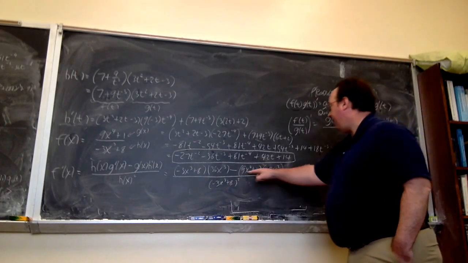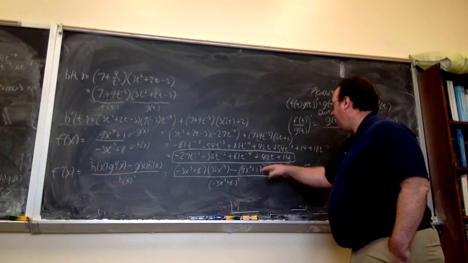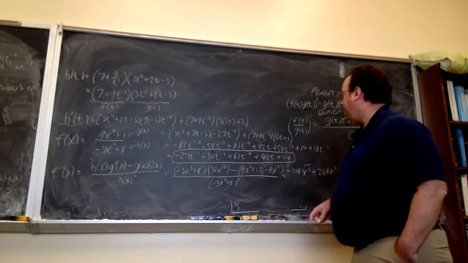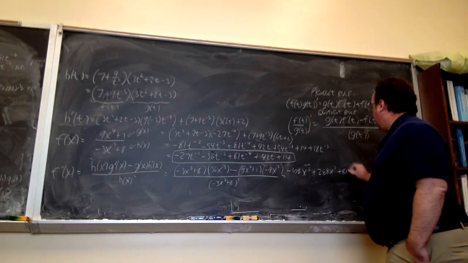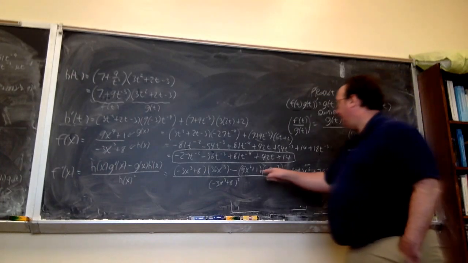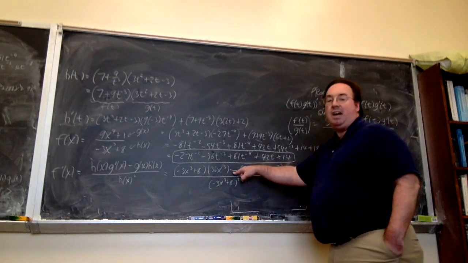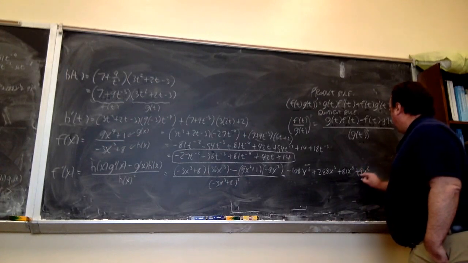And then over here I have 9 times minus 9, so that's minus 81x to the 6. But there's another minus here that makes it a plus. So I have 81x to the 6, and then 1 times minus 9, the minus 9x squared, but there's another minus, making it a plus. So plus 9x squared.